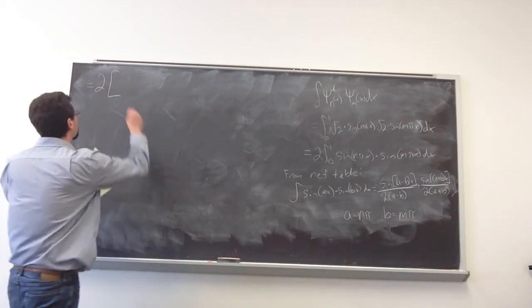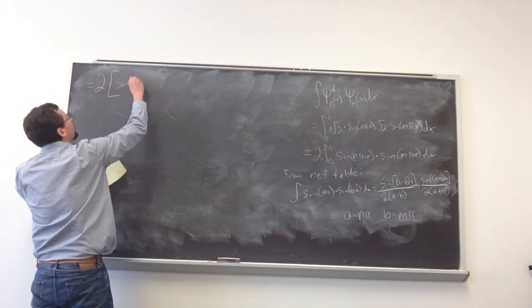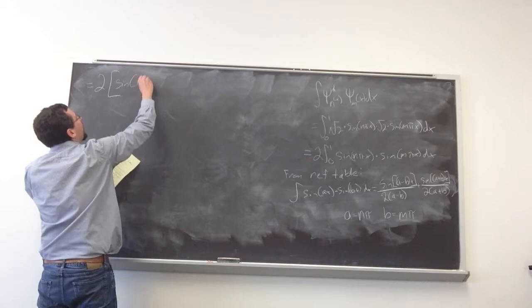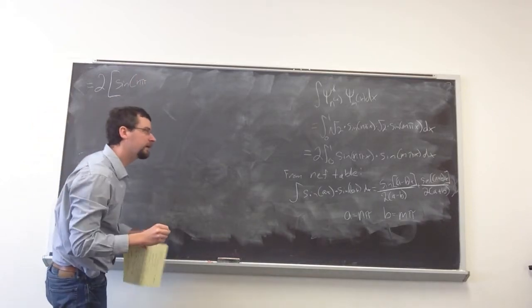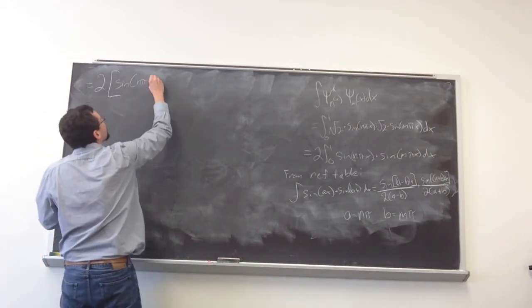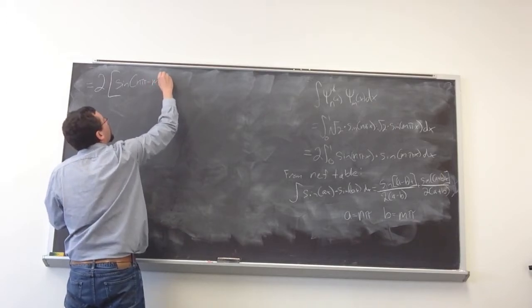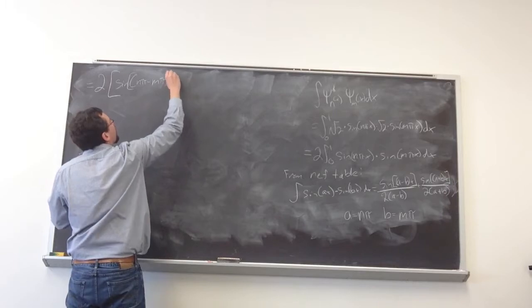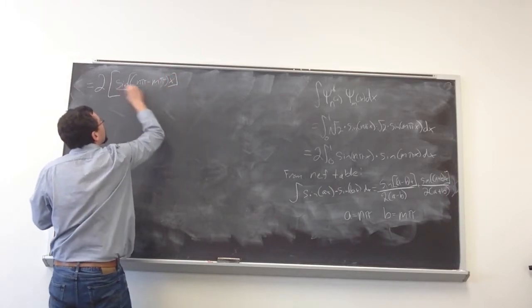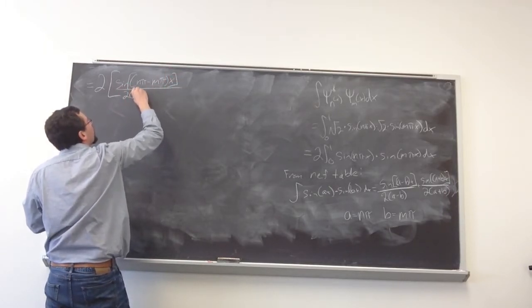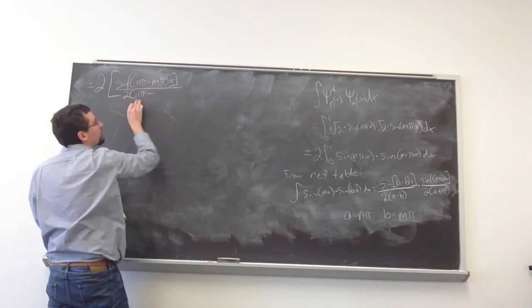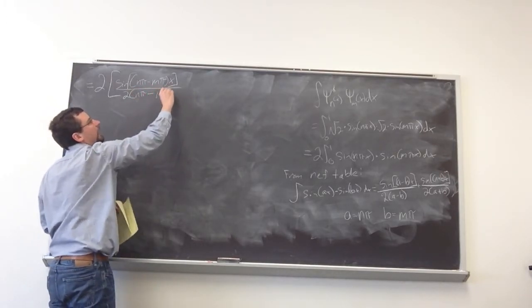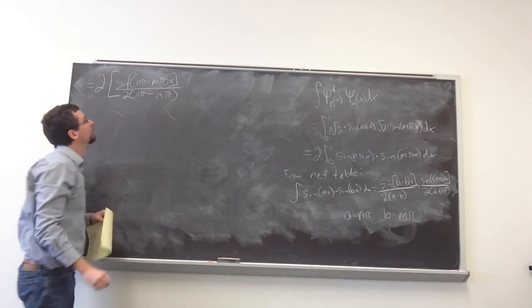So let's start plugging some stuff in. We get sine of (n pi minus m pi) x all over 2 times (n pi minus m pi).